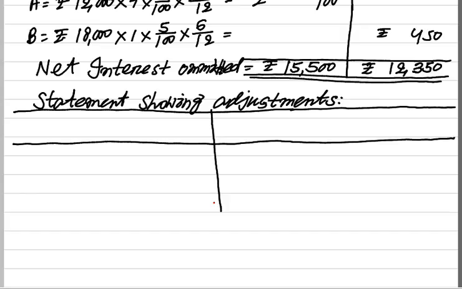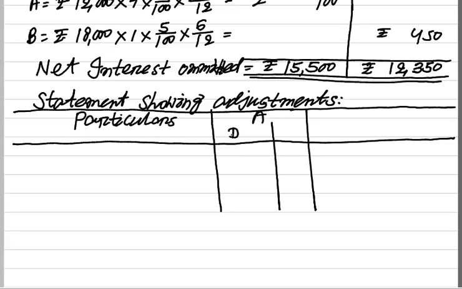This is particulars. This is partner A, debit, credit, and for partner B and the farm it will be like this.